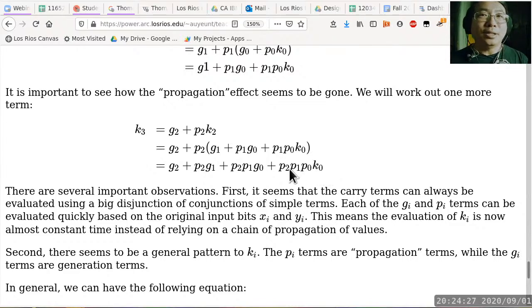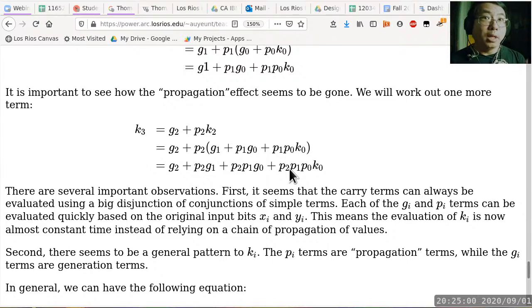But the idea is there's no chain requirement anymore. K3 no longer relies on K2, K2 no longer relies on K1, K1 still relies on K0 because everybody relies on K0. Because of this, this is also called carry look ahead. Because of this mechanism, when you want to make an adder for 64-bit numbers, the adder can now be, in theory, as fast as a 2-bit adder.